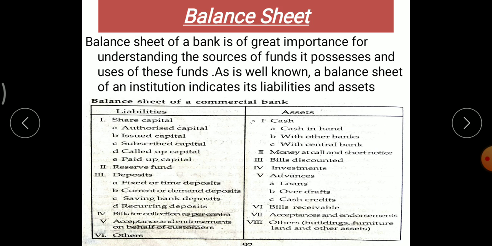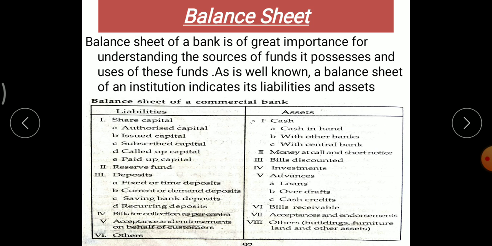And the asset side of a commercial bank refers to those items for which the bank gets an income or which are kept to protect its interest and its liability. So the total amount of assets will be equal to the total amount of liabilities.